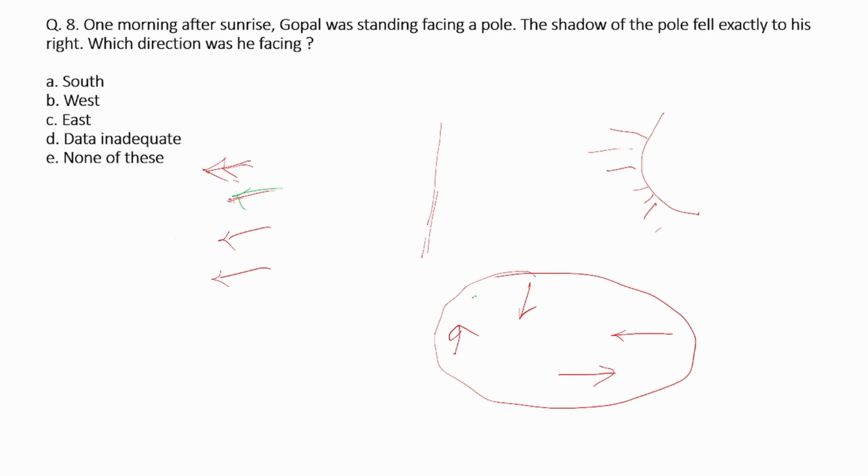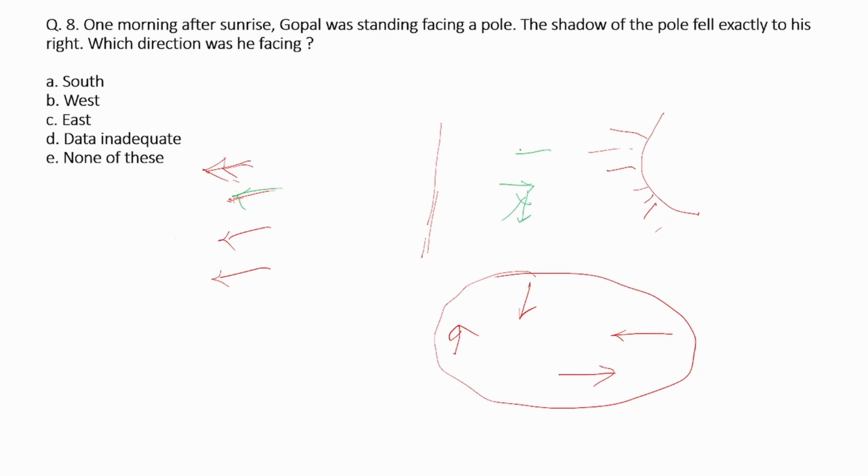If so, let us consider there will be four cases. Suppose Gopal was facing towards east. Its right hand will be in this direction, and the shadow falls towards west. So this will not be the case.